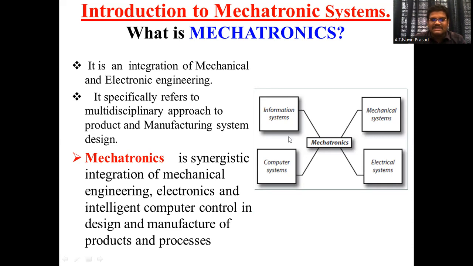It is a multidisciplinary approach to produce the product and in manufacturing system design. So mechatronics is the integration of mechanical engineering, electronics engineering, and computer control for the design and manufacturing of products and processes.